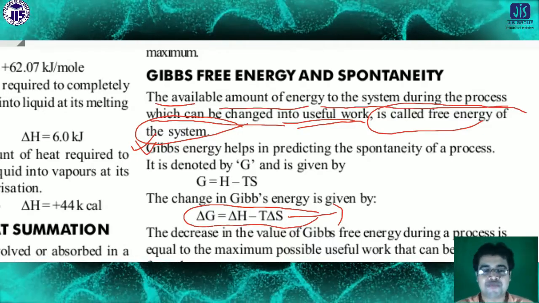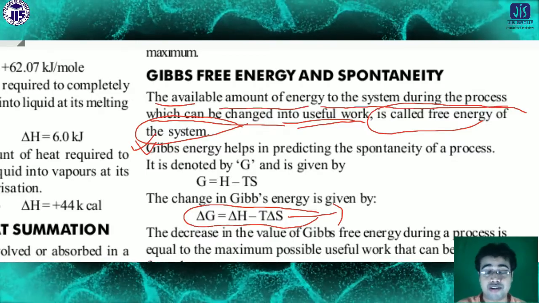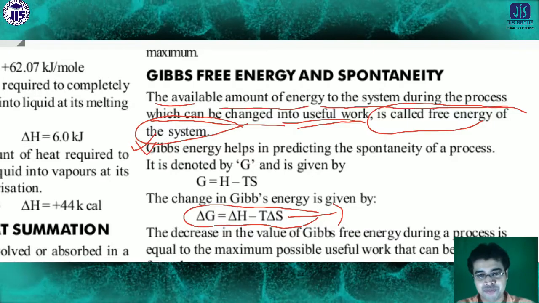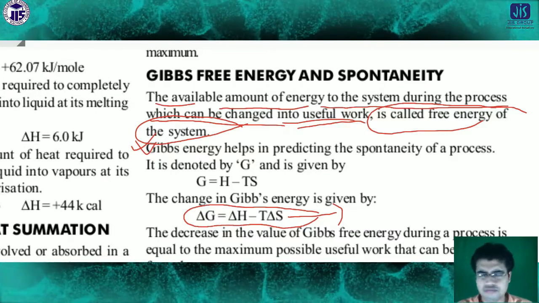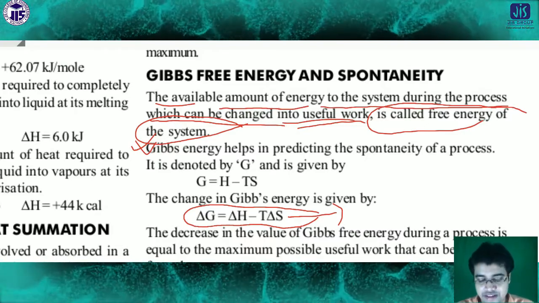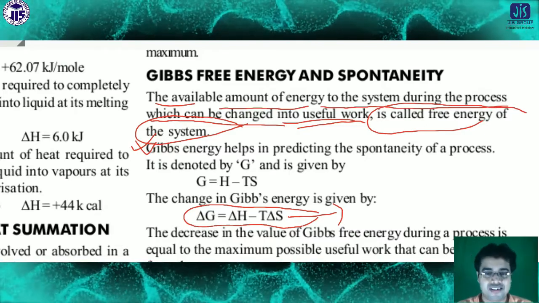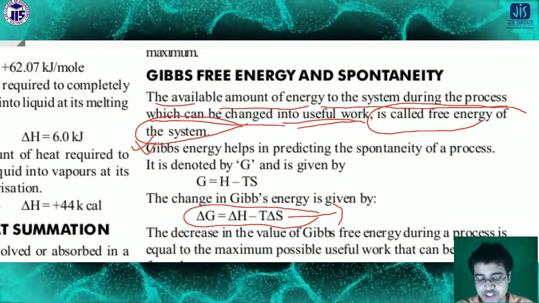So this is also that randomness. Our universe's entropy is increasing, and every system has a tendency to increase its entropy. If entropy increases, then obviously the system randomness increases.